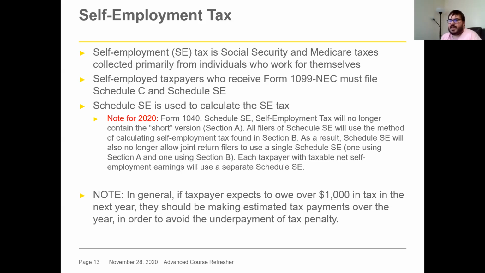But it also cuts down a little bit on the surprise. When you tell people you owe $5,000 or $10,000, that's never pleasant, and people get caught by surprise. So we usually tell them to get ahead of the curve and try to make estimated tax payments as much as you can, just so you avoid a little bit of all these penalties and potentially interest.